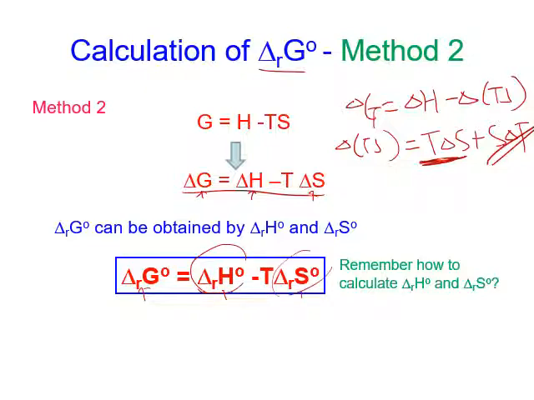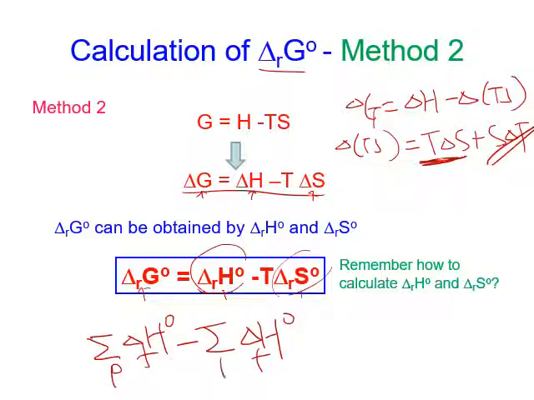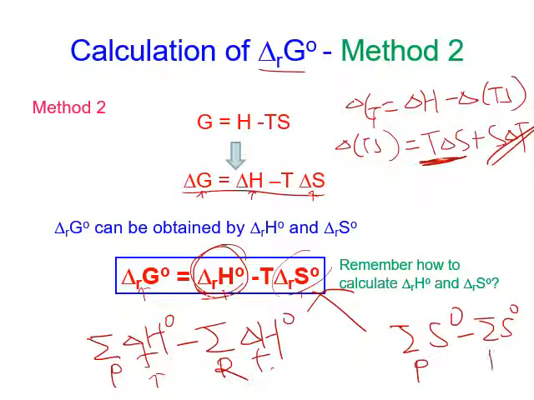The equation we already learned is the standard enthalpy of formation of products minus the standard enthalpy of formation of reactants. We can find all these formation enthalpies in the table, so we can calculate this enthalpy. Similarly, we can calculate the standard entropy of reaction by the standard entropy of the products minus the standard entropy of the reactants.